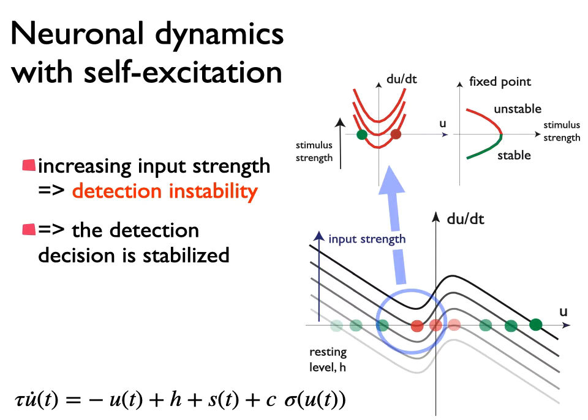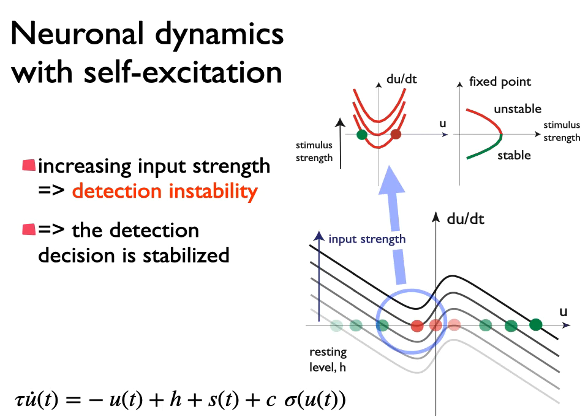And the detection instability is essentially one end of that decision. In the detection instability, this repeller and this attractor collide as you lift up the activation. Here they have just touched and then they disappear. So locally it looks like this, and those who know a little bit about bifurcations know this is a tangent bifurcation as a function of stimulus strength.